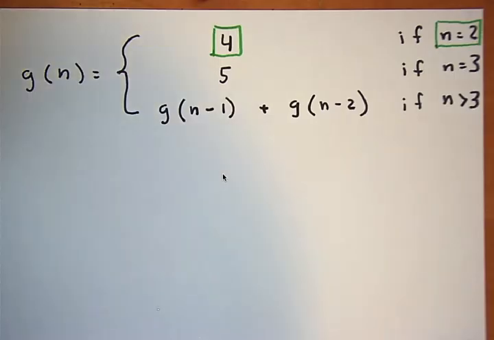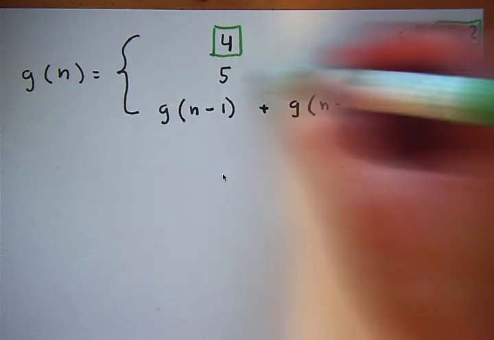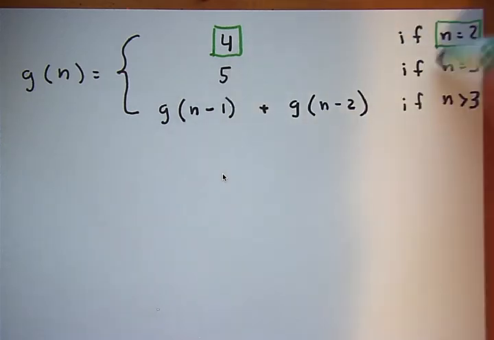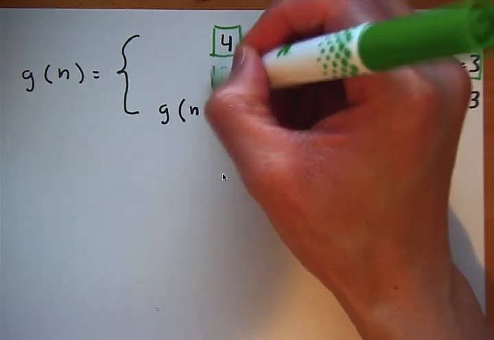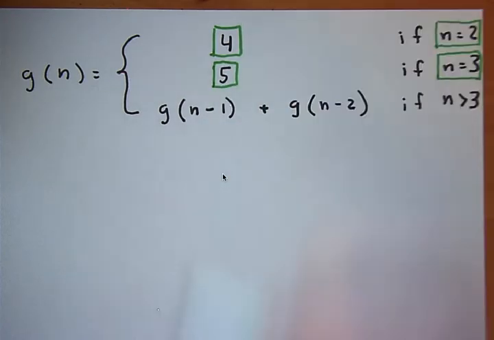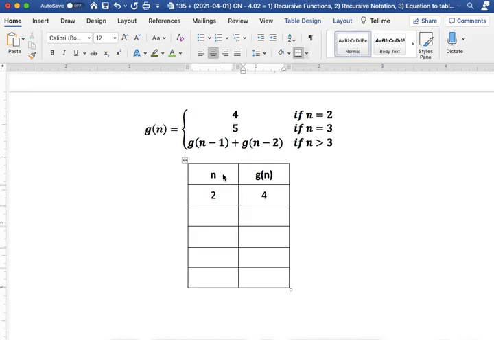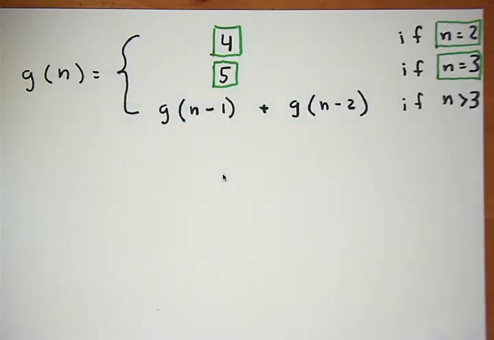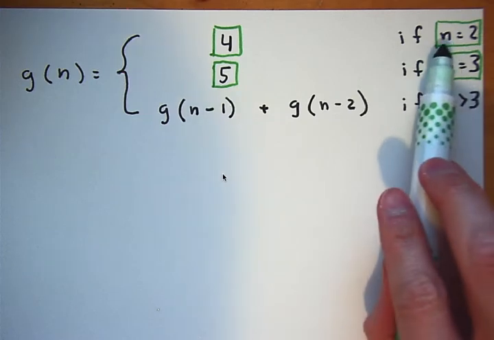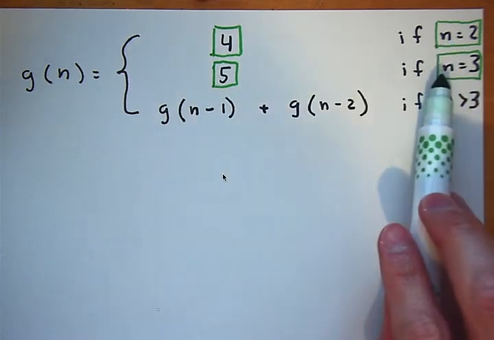Next one. Our next row only happens when n equals 3. And when n equals 3, my y, or my g of n, is 5. So when n equals 3, g of n is 5. All right. So now, since I've already done n equals 2 and n equals 3, the next n is 4.